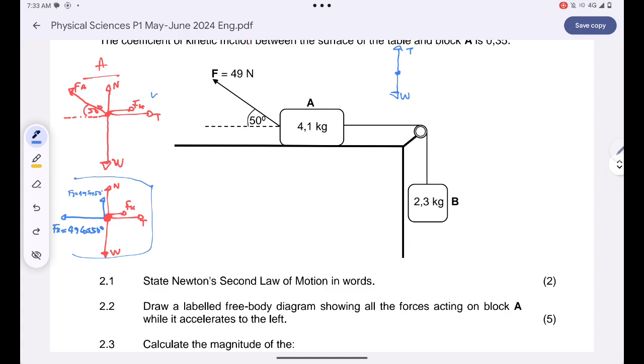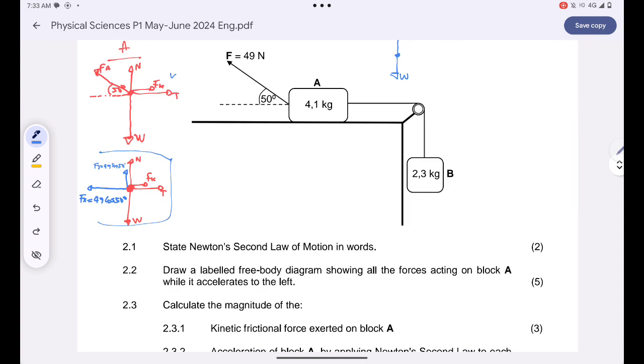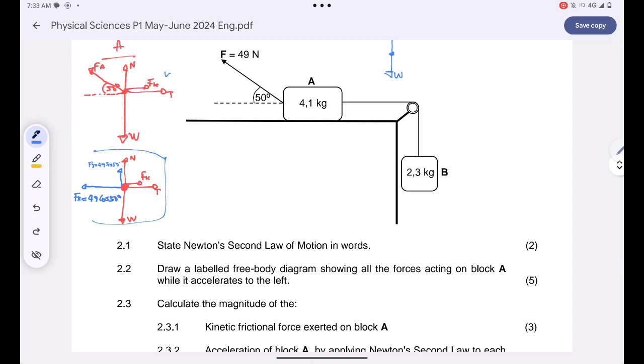Are you together? That's how you should state Newton's second law of motion in words, né? Others might prefer that F net is equal to the rate of change of momentum. You can state it like that as well. It's still fine for those who are in grade 12.